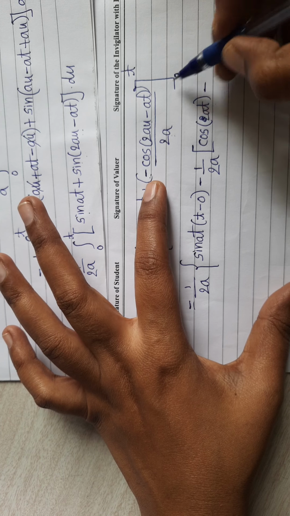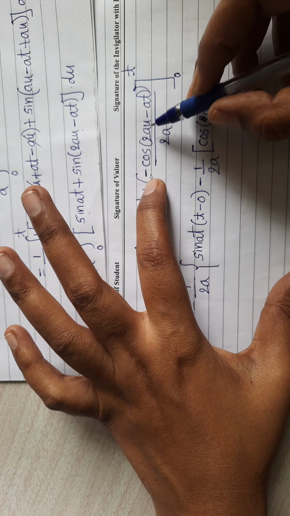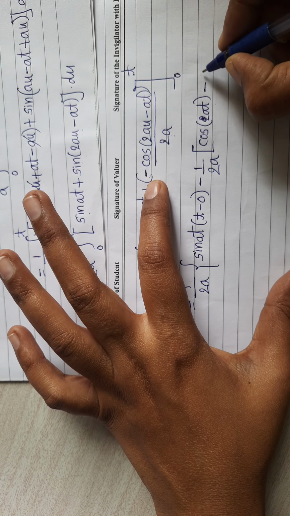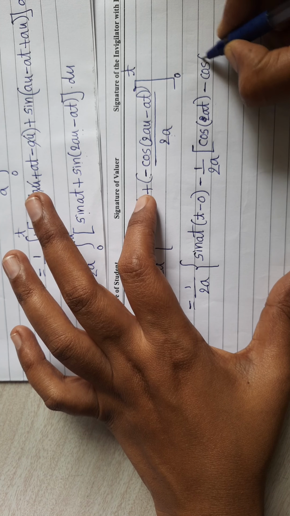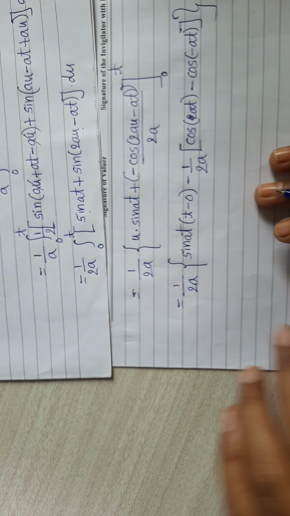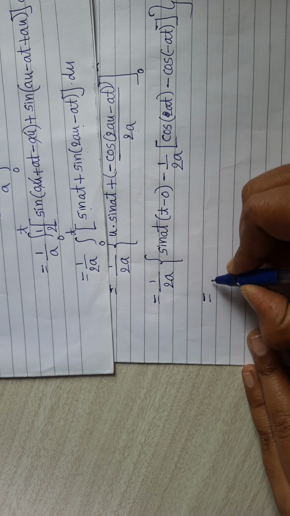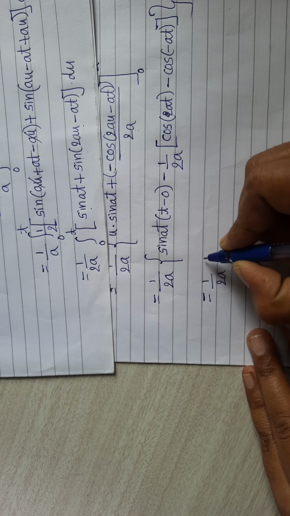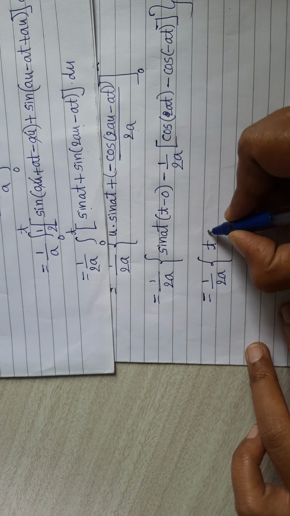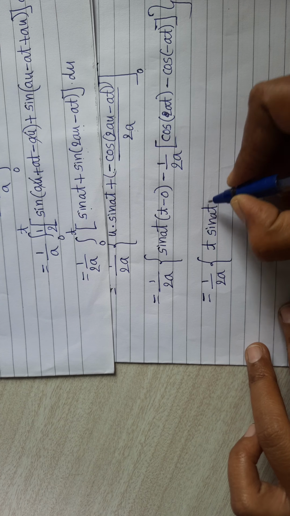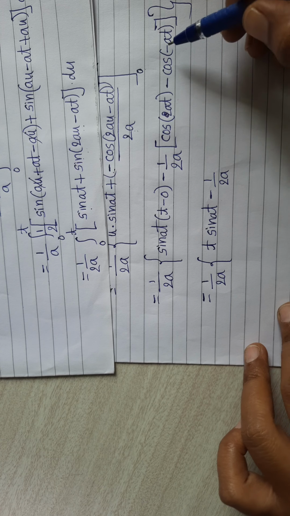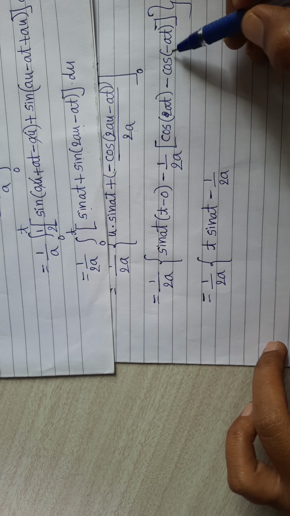Then minus, substitute lower limit U by 0. U by 0 means this term will be 0, so I am left with minus AT, minus cos of minus AT. So simplify this. This is equal to 1 by 2A into T minus 0, T into sin AT, then minus 1 by 2A cos AT minus of cos of minus AT.